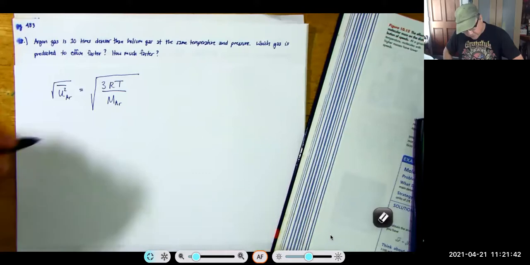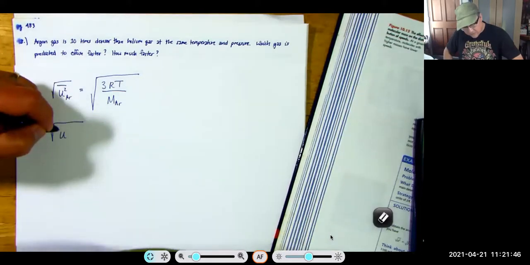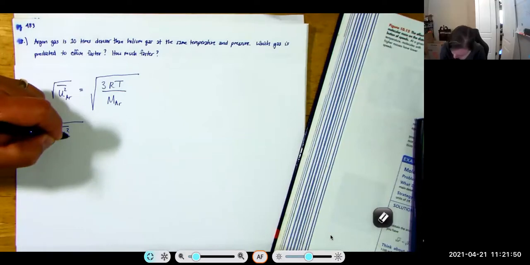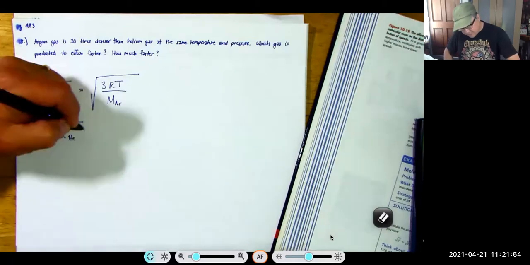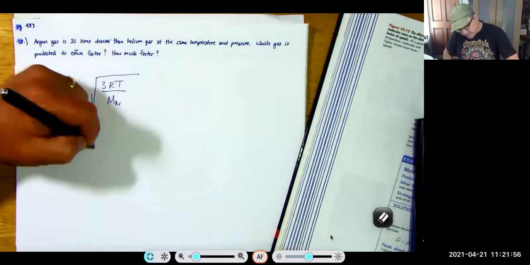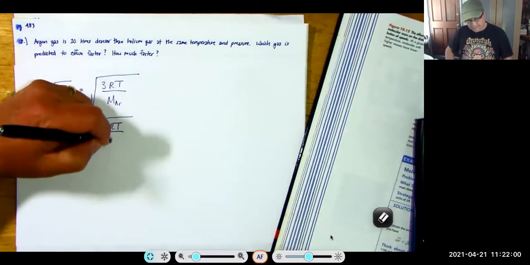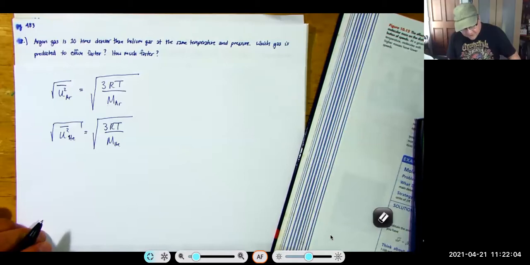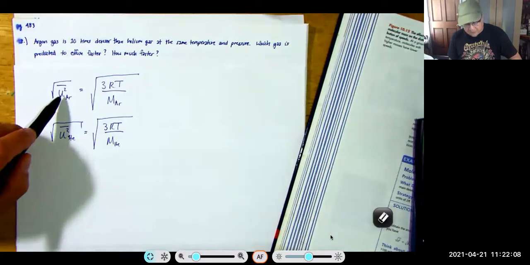And if we do the same thing for helium, we're going to get almost the same equation, but it's going to be the molar mass of helium, right? Yeah. Okay. Now this velocity tells you which one effuses faster, right?